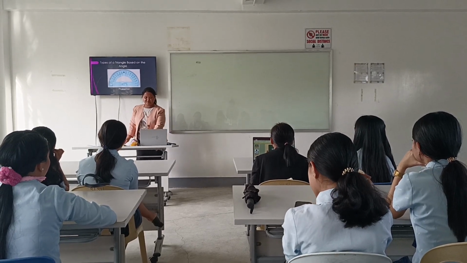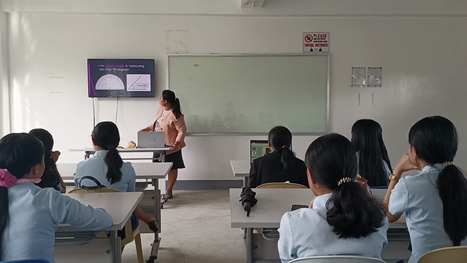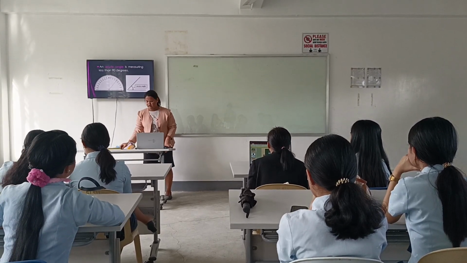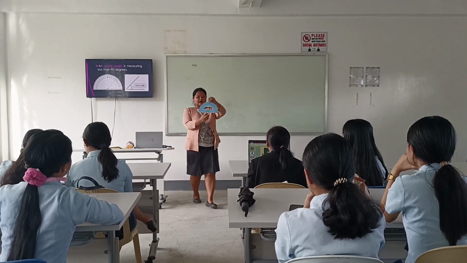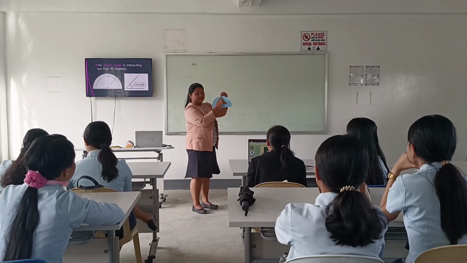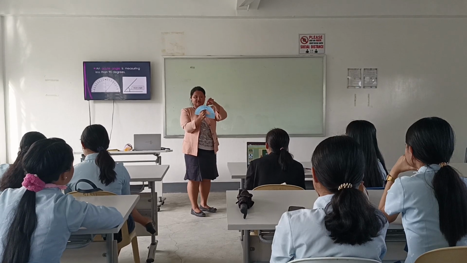So the first type of triangle is an acute angle. An acute angle is measuring less than 90 degrees. As you can see in this protractor, here in the middle is what we know as the 90 degrees.